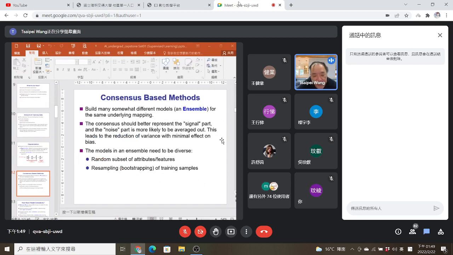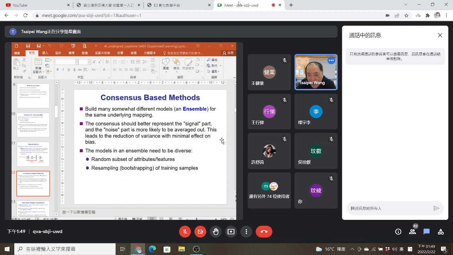And the consensus-based methods. To have consensus, you need an ensemble. You can build many classifiers, usually of the same type, but trained differently, for example with different data sets. So you try to have them vote. There are different ways of doing the voting.